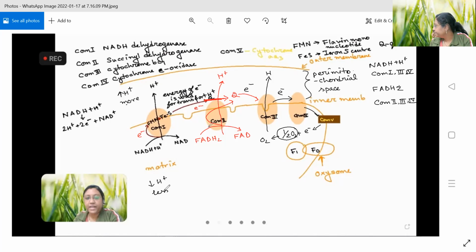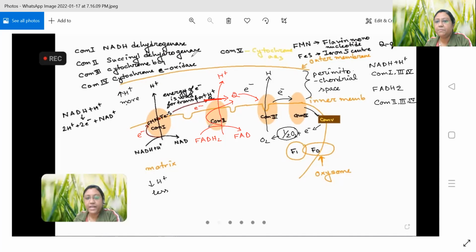Isn't it? Why? Because as soon as proton are carried by NADH and FADH2, they will be transported outside. Via whom? Via these complexes. So what will happen? The proton present in the perimitochondrial space will be obviously more than the proton present inside.